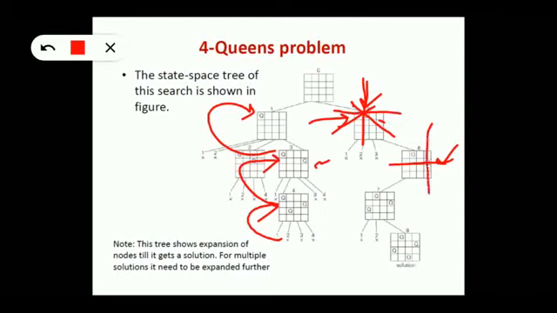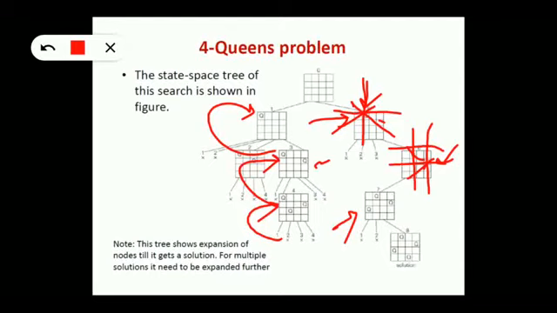And as queen 1 is already on the first row, queen 3 cannot be placed on the first row, nor on the second column, nor can she be placed diagonally with respect to queen 2. So therefore, the only possible location for queen 3 would be the cell 3, 1.